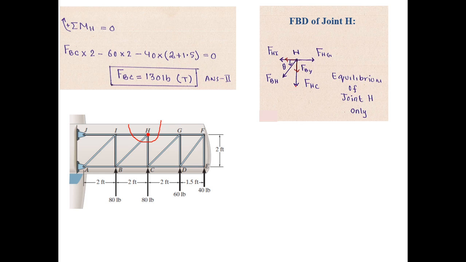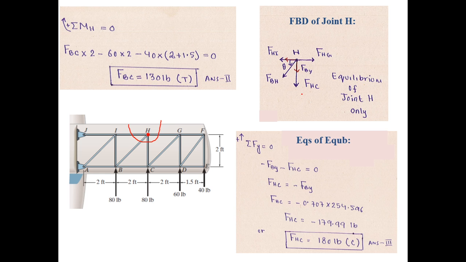So we see that summation of FX will not do the trick for us now, because this force is acting in the y direction. So we have to sum the forces in the y direction to find the value of this force. Also, it is just a joint, just one particle point, so we cannot use the equation of moment as well.